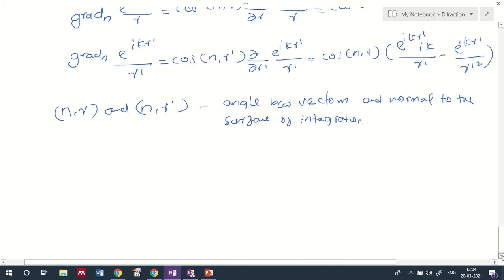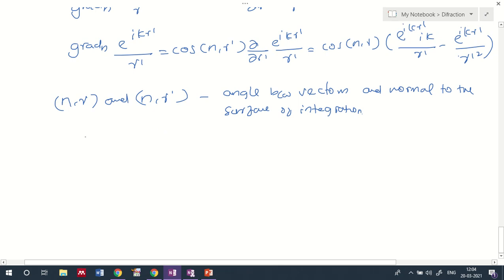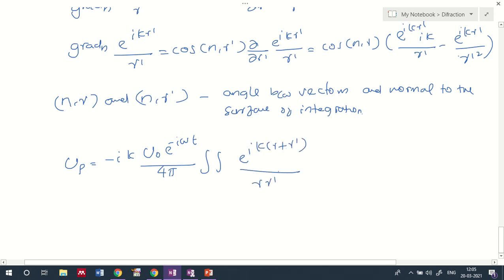Then we take the equation in this form. If we substitute that into the equation, then Up will be equal to minus ik u0 e raised to minus i omega t divided by 4 pi, double integral of e raised to ik(r plus r dash) divided by r r dash, into cos nr minus cos nr dash, dA.